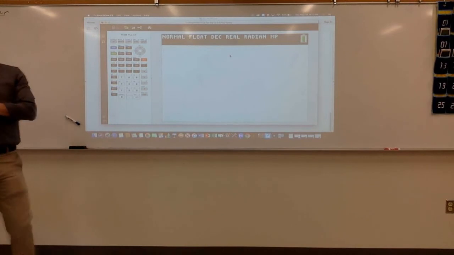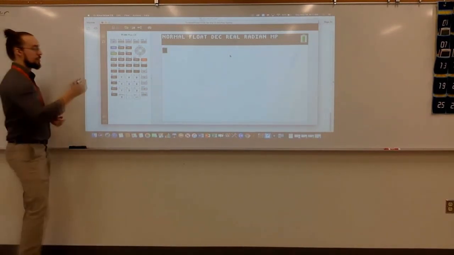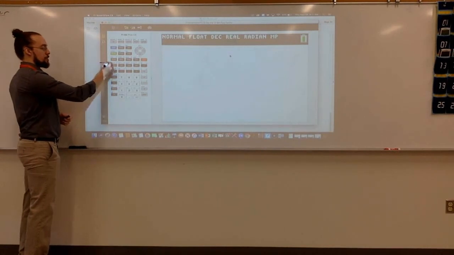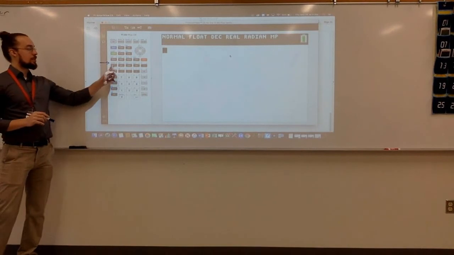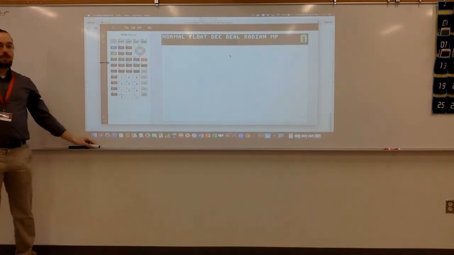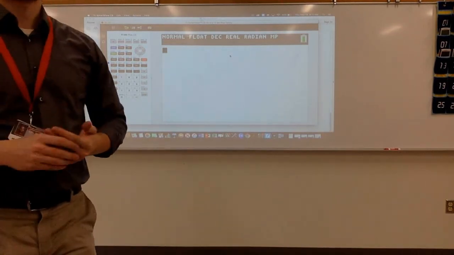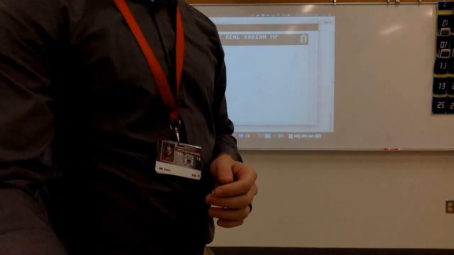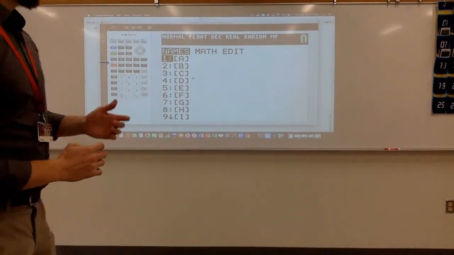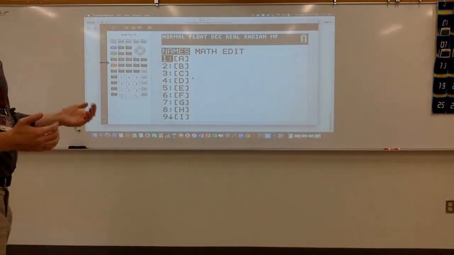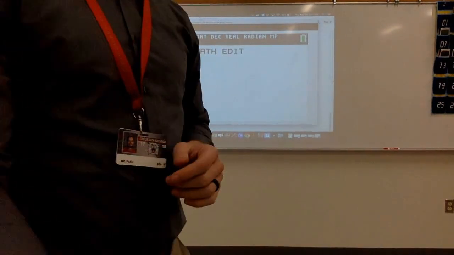All right, on your calculators, there is a matrix spot right here. If you hit second and then the inverse button here, it brings up a matrix menu. To input a matrix, we need to go over to the edit spot.